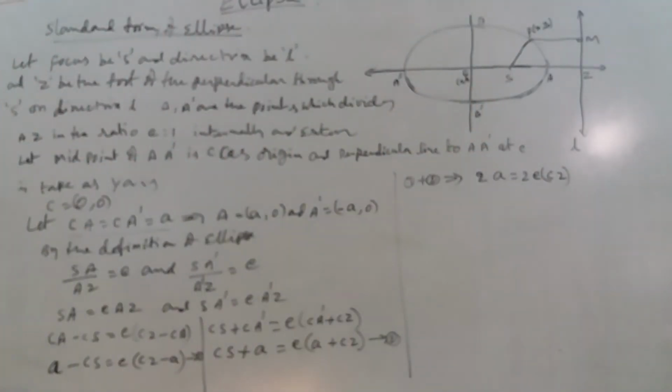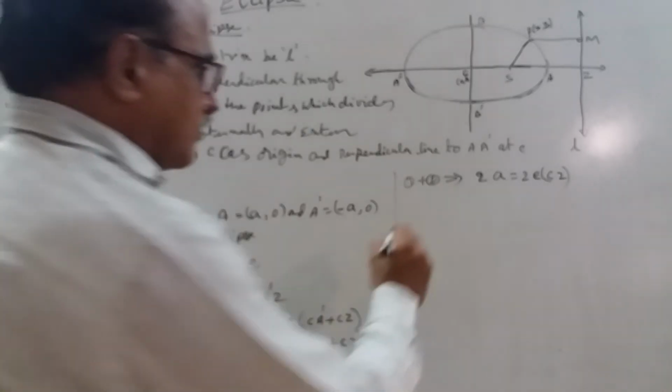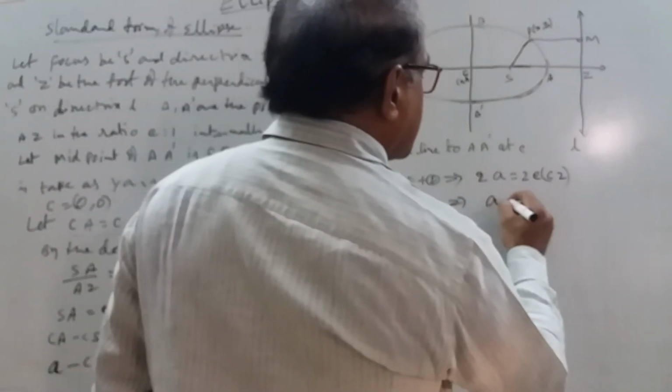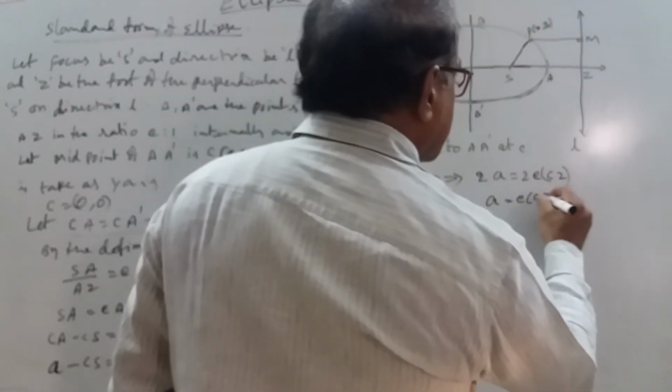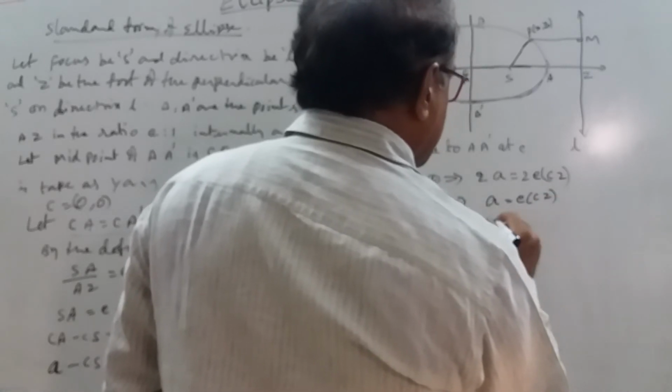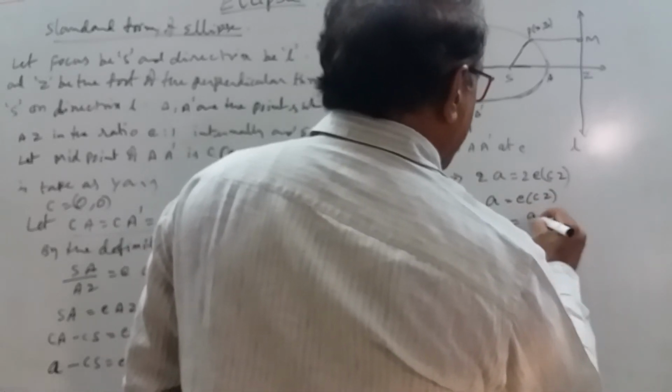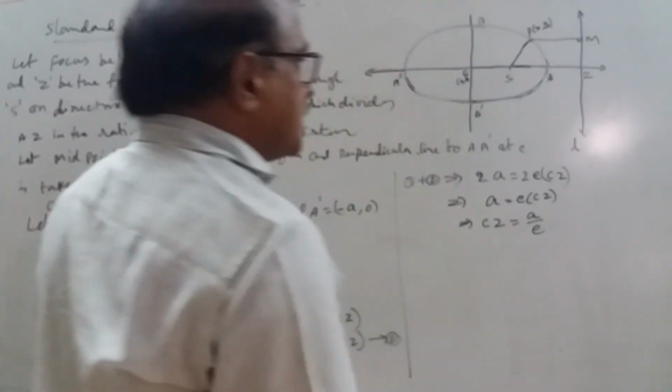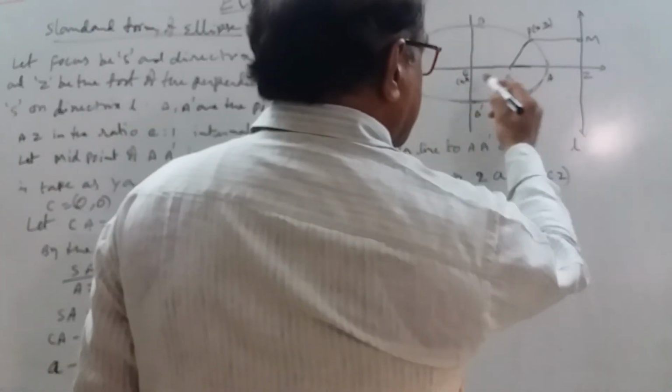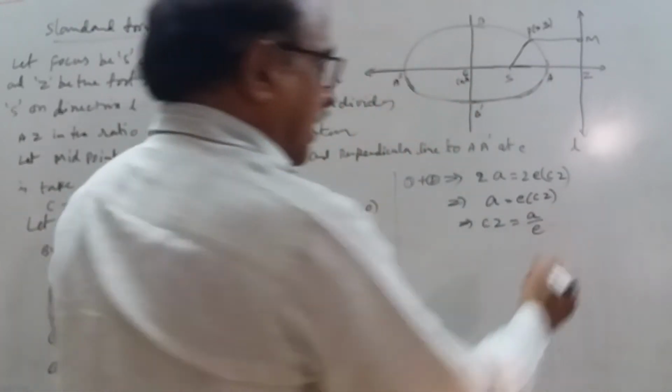The 2 get cancelled. It implies a is equal to e into CZ. That implies CZ is equal to a by e. CZ means the distance between C and Z is equal to a by e.